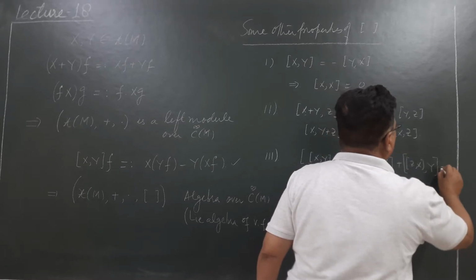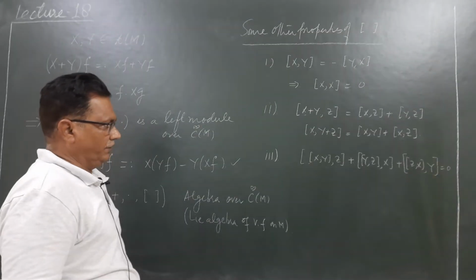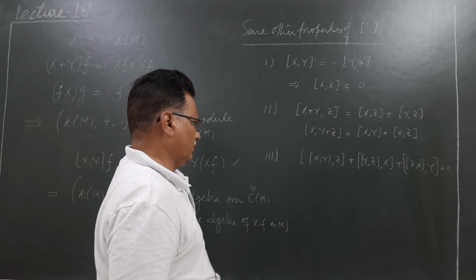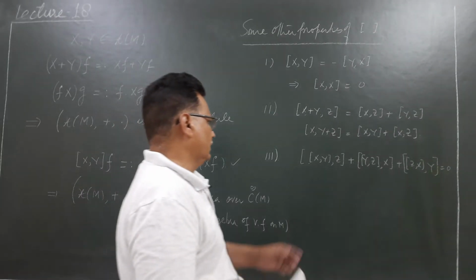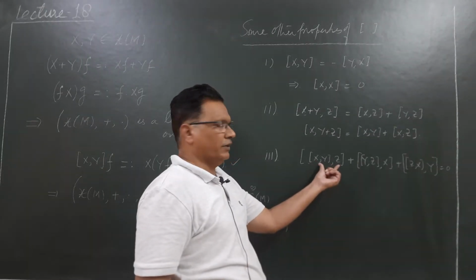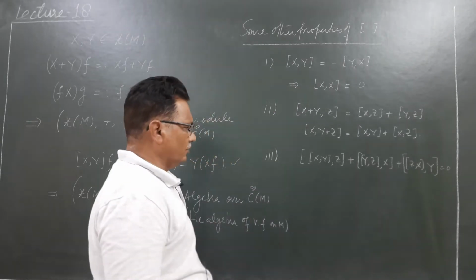This sum will be 0 for all vector fields X, Y, Z on M. That is also easy, I hope. The bracket [X,Y] is again a Lie bracket, and the Lie bracket of two vector fields is a vector field. You take its Lie product with Z and so on, and the sum will be 0, but it can be checked easily.